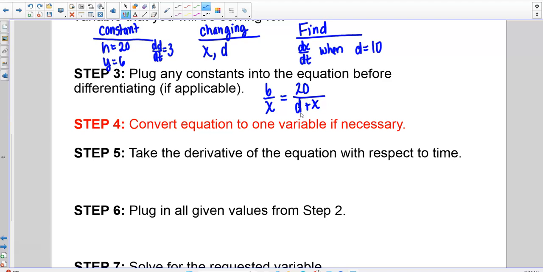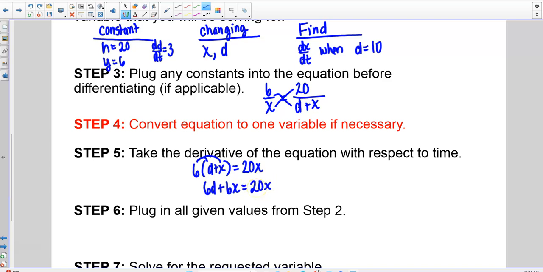When we have a proportion, we have two fractions set equal to each other, we can cross multiply. So I could say 6 times d plus x equals 20x. Essentially, you're multiplying by the denominator on either side, doing two steps at once. Well, that looks easier. I could even distribute that 6. So 6d plus 6x equals 20x.